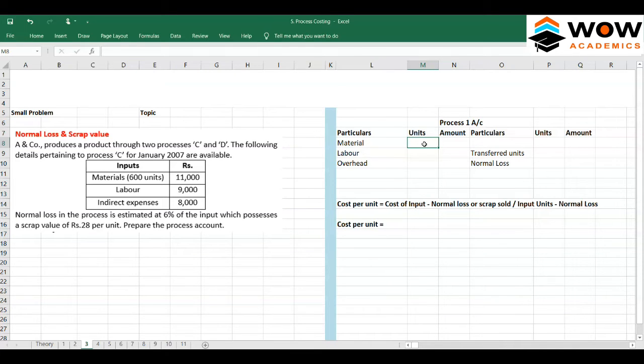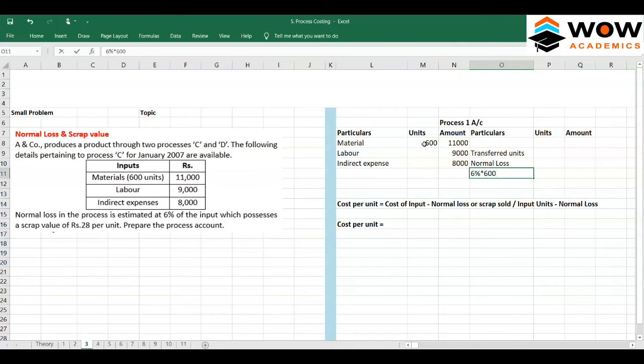You have 600 and 11,000, 9,000, 8,000. So this is called an indirect expense. And now we have to find out the normal loss. So normal loss would be 6% of the input. So that is 600 units.